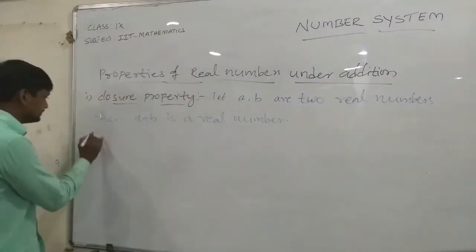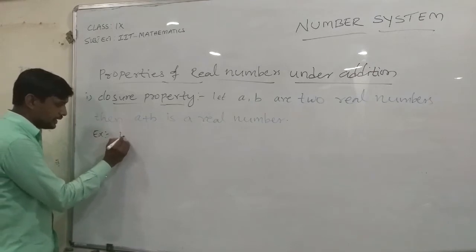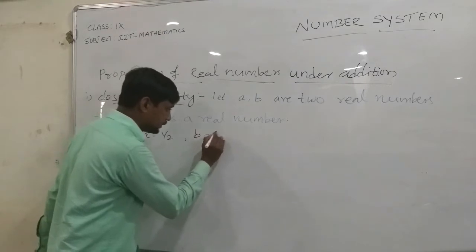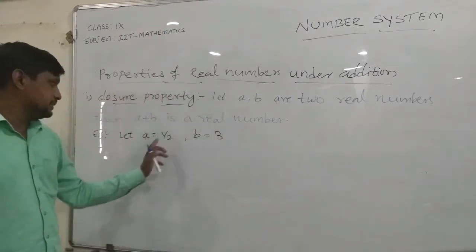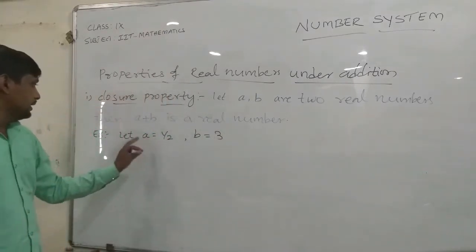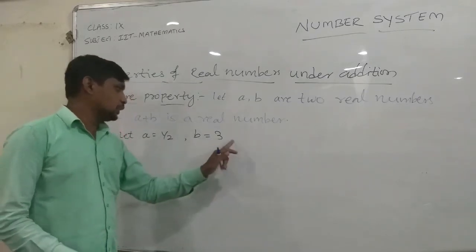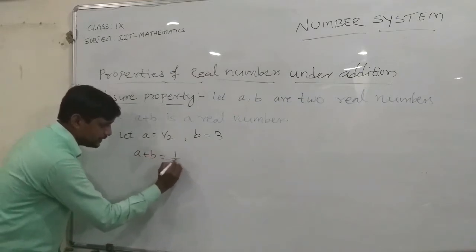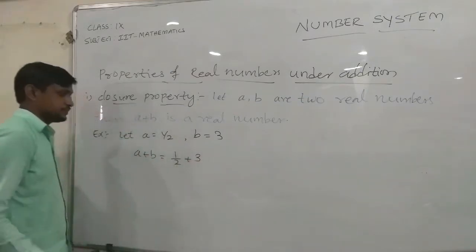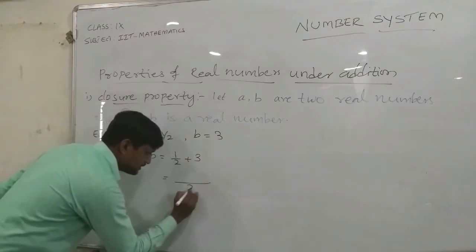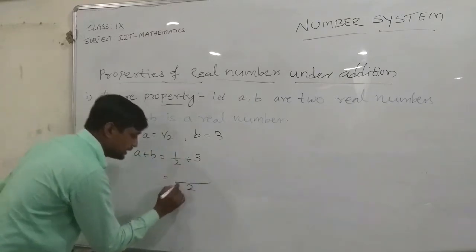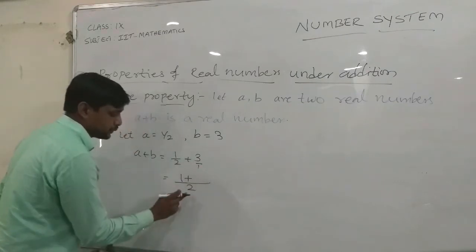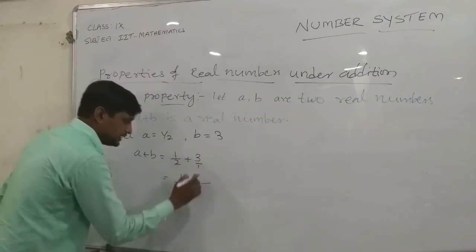Example, I am taking here, let A equal to 1 by 2, comma, B equal to 3. When I am adding A plus B, I need to get again a real number here. A equal to 1 by 2 and B equal to 3. These two are real numbers. Now I am adding A plus B is equal to 1 by 2 plus 3. Now do the LCM here. LCM is 2. 2 by 2 is 1. 1 into 1 is 1 plus here nothing is there. So indeed I am going to take 1. 2 by 1 is 2. 2 into 3 is 6.